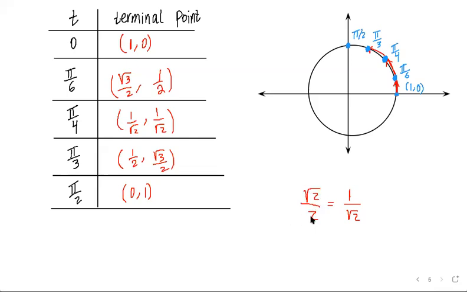How do I find it? I multiply both sides by square root of 2. Square root of 2 times square root of 2 is 2, over 2 times square root of 2. The 2 with the 2 cancels, so I get 1 over square root of 2. And this is easier to memorize.